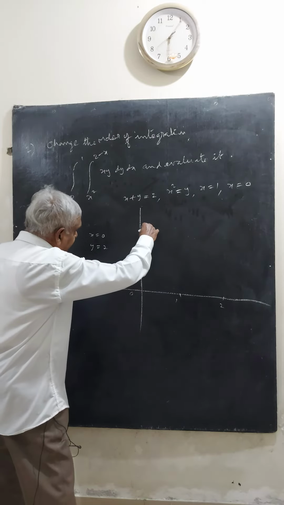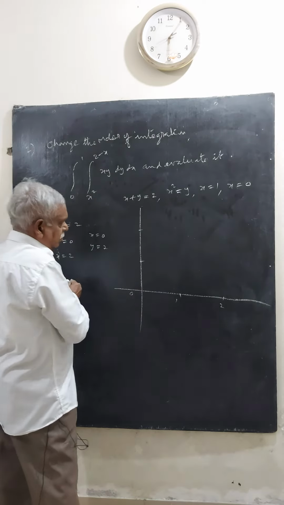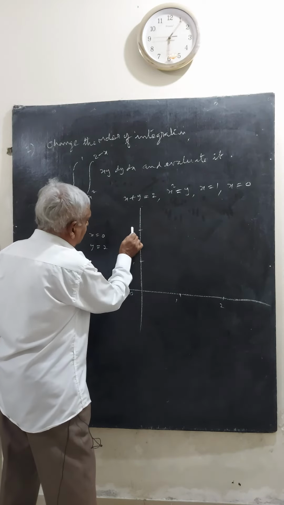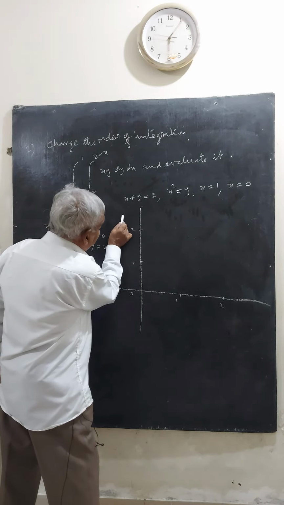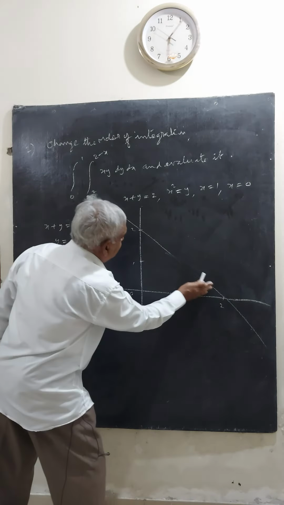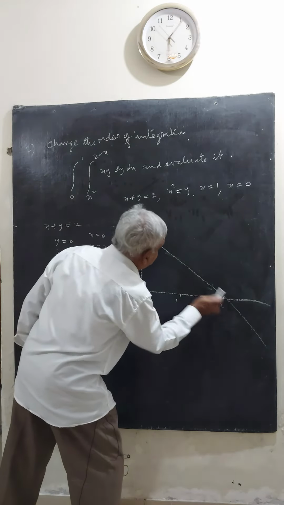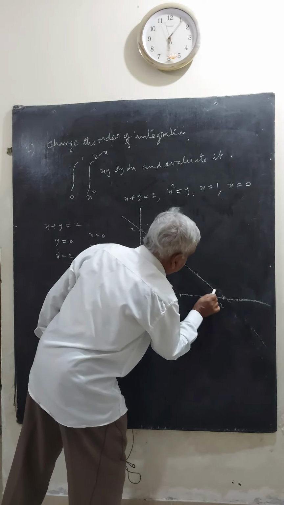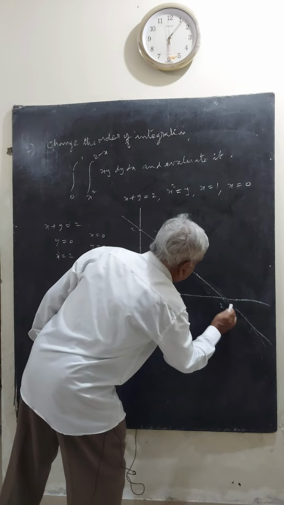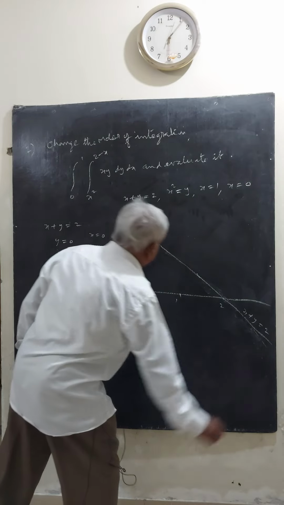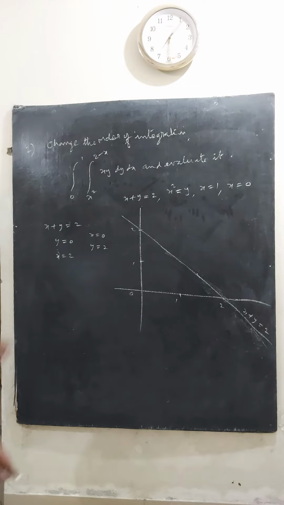1, 2, and 1, 2. Draw the straight line. This is the required straight line, x plus y equal to 2. We have drawn the straight line.